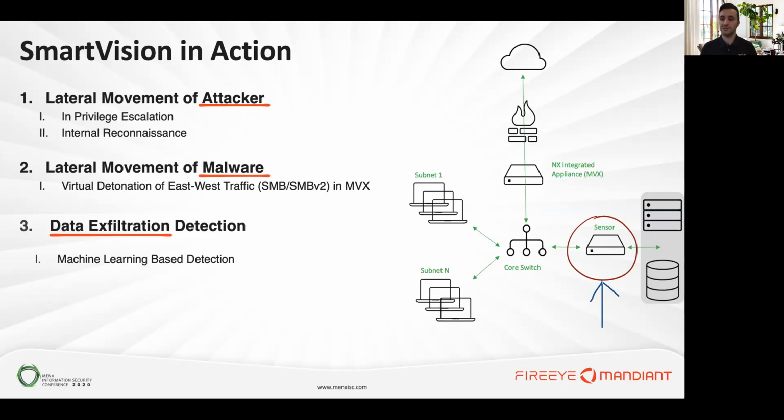This solution is flexible enough to support inline or out-of-band deployments. In summary, FireEye developed Smart Vision to give enterprises visibility into lateral threat actions. This solution has helped many businesses stay secure when threats go sideways.